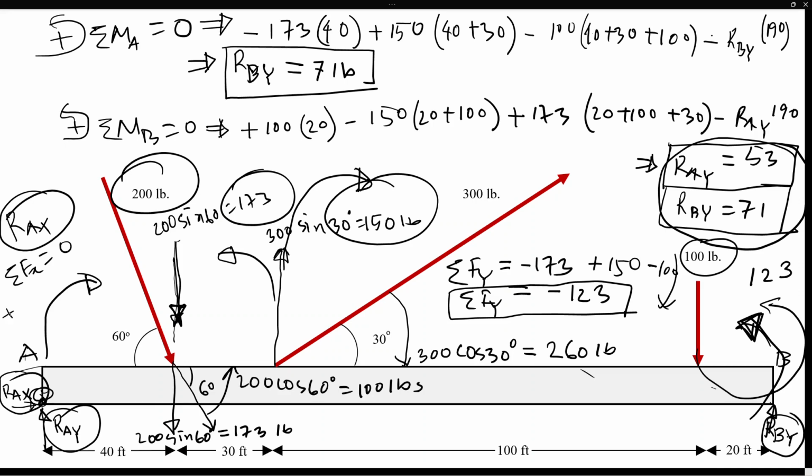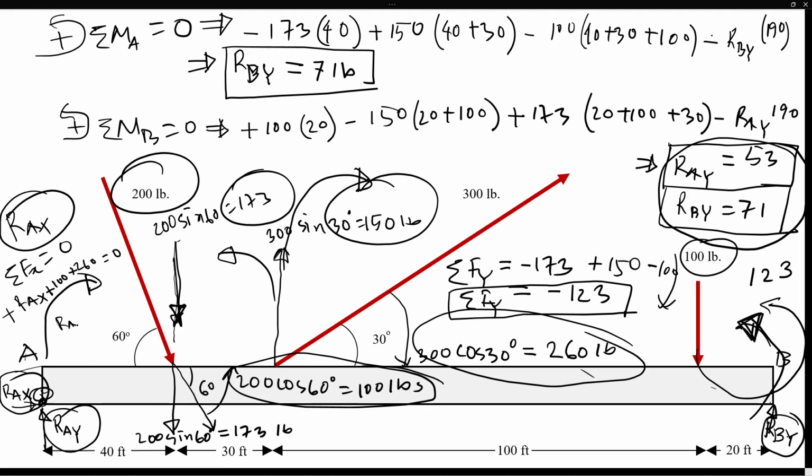So it's going to be plus the reaction at A, that's the positive x direction, and then this 200 cosine 60, which is 100 coming from that 200, also positive. Then we have this 300 cosine 30, which is 260, again positive, and everything sums to 0. That's all we have in the x direction.